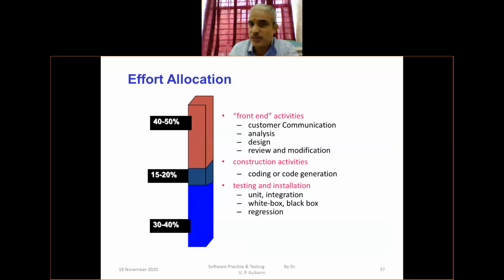When you look at the effort allocation, 40 to 50% of effort goes to front-end activities: customer communication, analysis, design, review and modification. 15 to 20% is construction activity, coding or code generation. And another 30 to 40% is testing and installation. There are different kinds of testing that get into this.